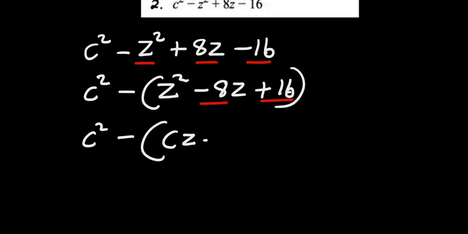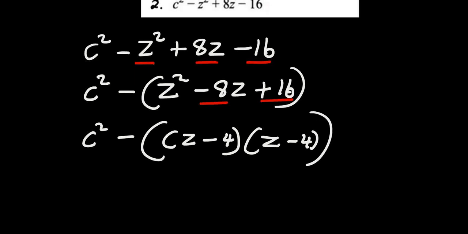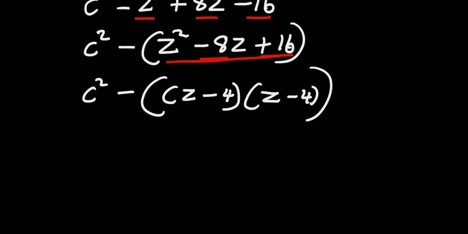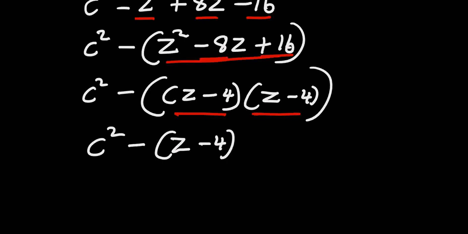So z negative 4, z negative 4. Good. So we have factored this quadratic, and you can see that both factors are the same. So we can simply write this as c squared minus z negative 4 squared.